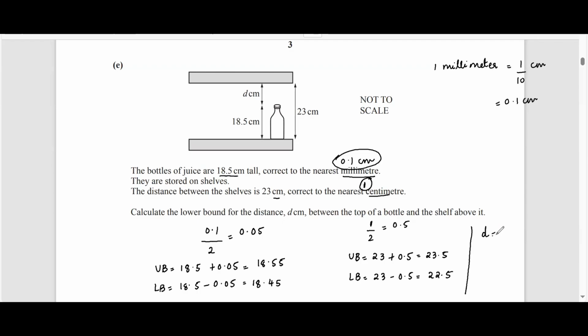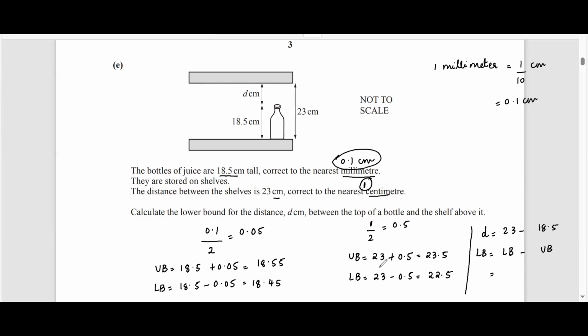So we know the distance is actually 23 minus 18.5. So to find out the lower bound, if it is subtraction, then it is lower bound minus upper bound. Lower bound of the first value minus upper bound of the second value.